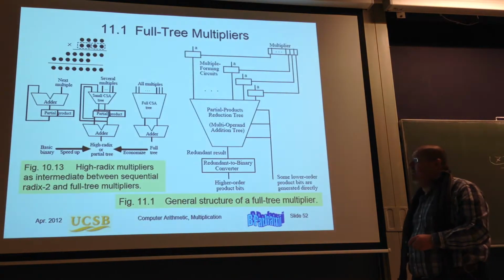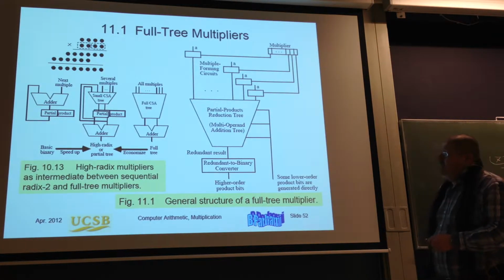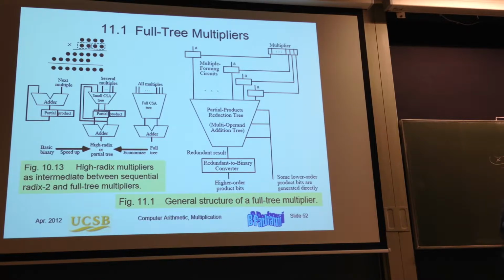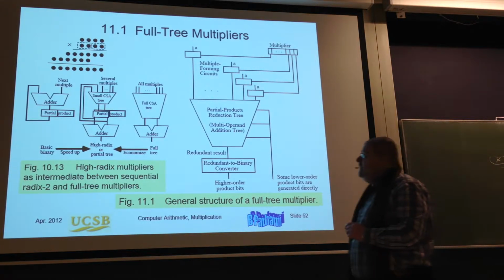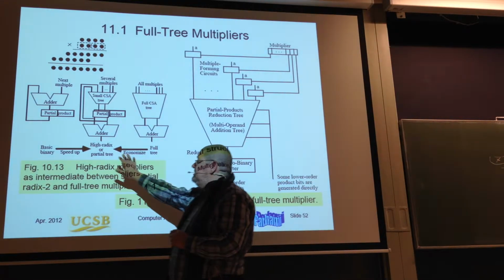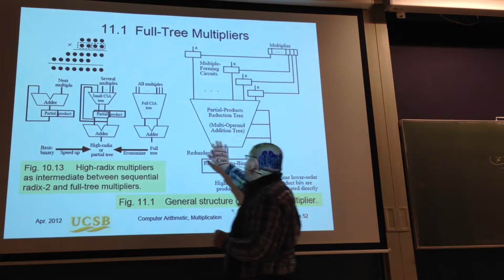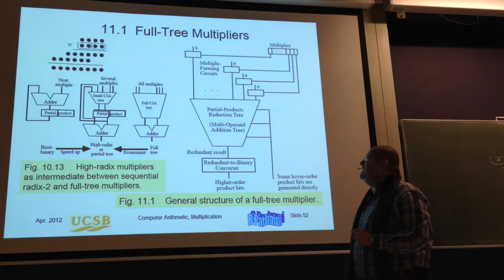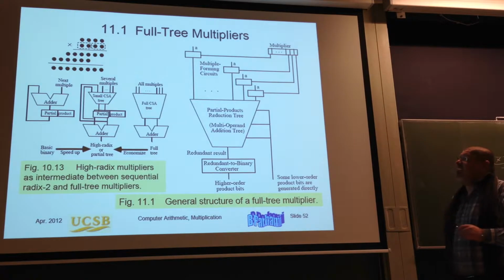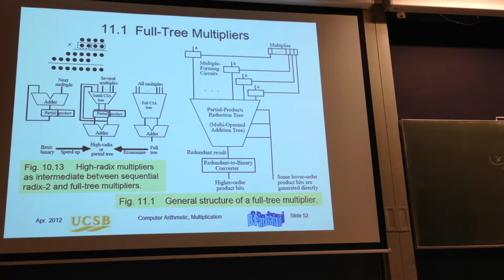Now, we were discussing this, and this is my solution space, and this is actually the fastest design that I can do. The fastest design will require the production of the partial products, the reduction of those, and the final conversion to binary.